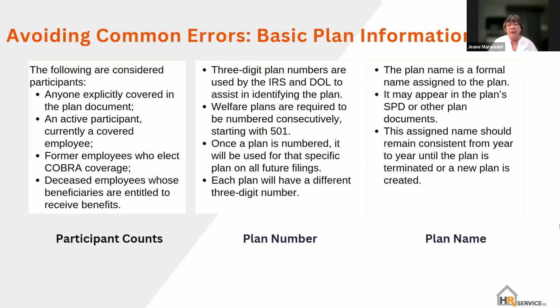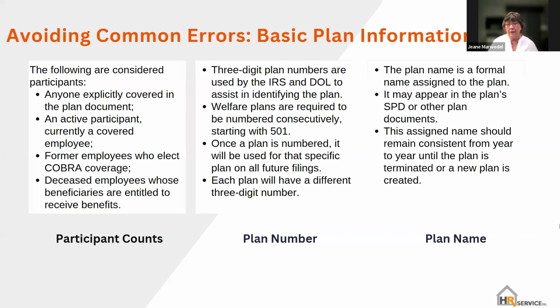Mel, yes, really quick. Sometimes I have found in the past that someone has been filing for the company and then they leave and the transition isn't very smooth. And so somebody new comes in and they don't have any of that information of what the plan numbers are, what the plan names are.